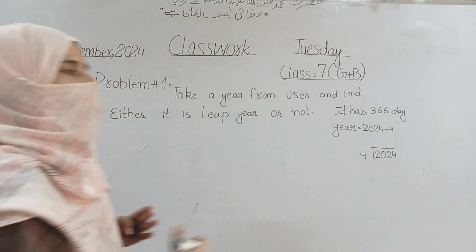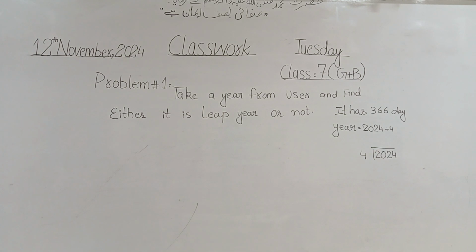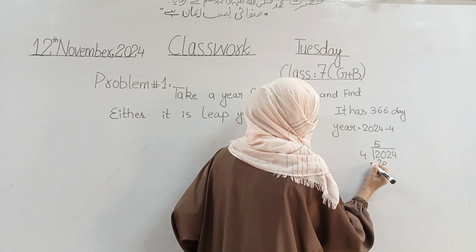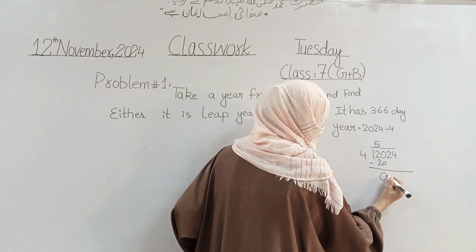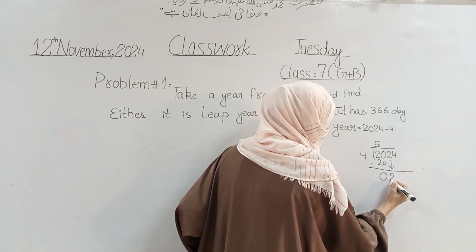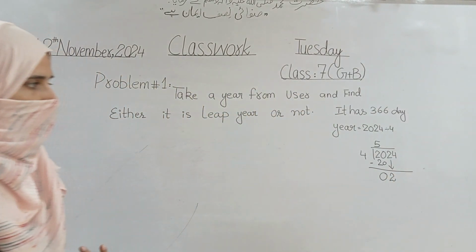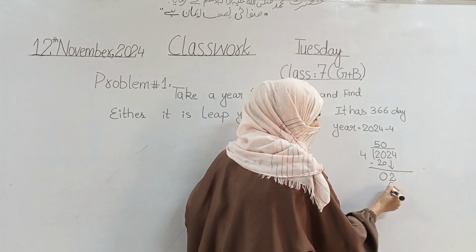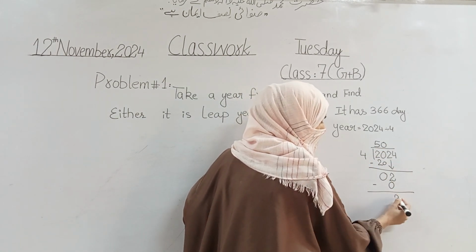Read the table of 4, girls. 4 1 times 4, 4 2 times 8, 4 3 times 12, 4 4 times 16, 4 5 times 20. Next we bring down 2. 4 0 times 0. Remainder is 2.